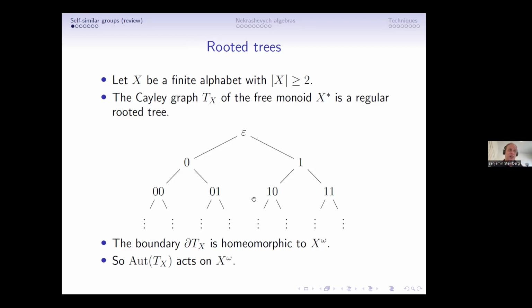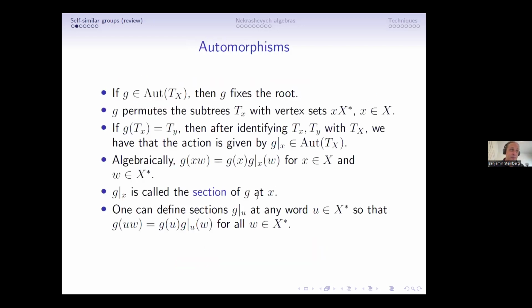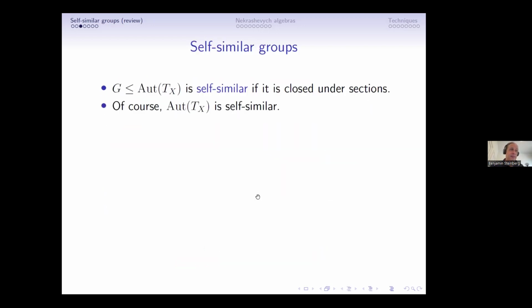Once we've done our canonical identification, we can identify any subtree with the whole tree by just removing initial letters. And so that's what a self-similar group is. It's closed under taking sections. So in particular, the whole automorphism group is self-similar.